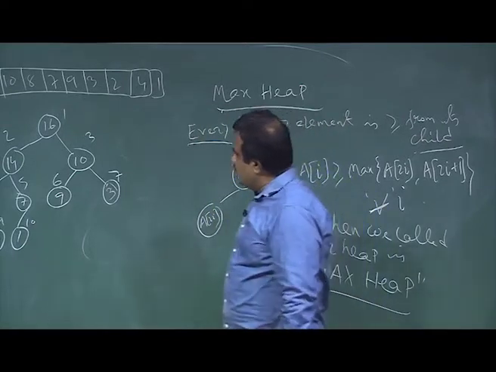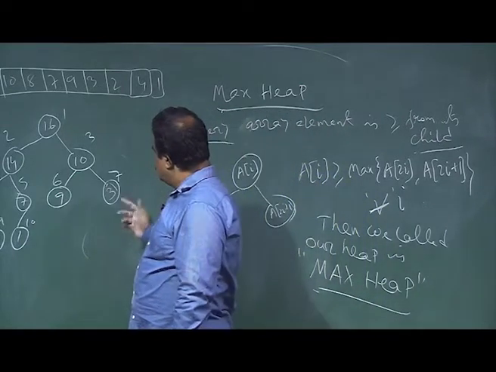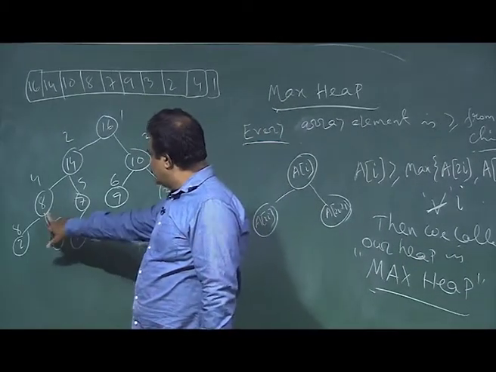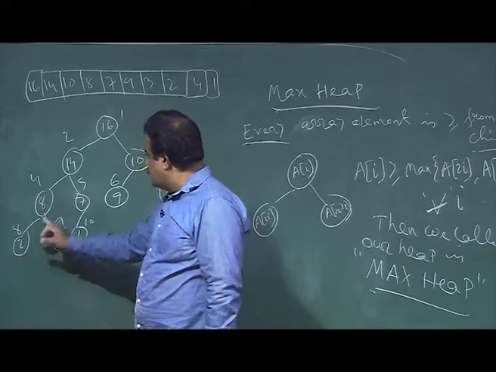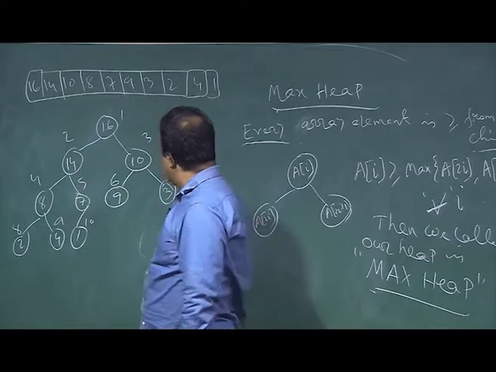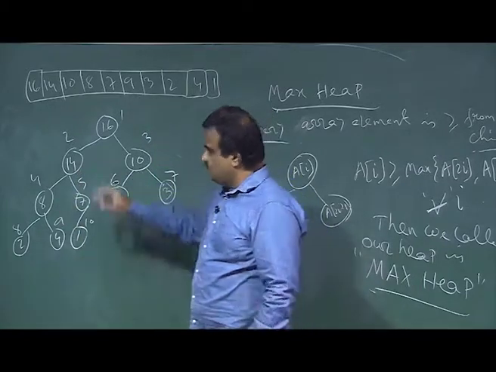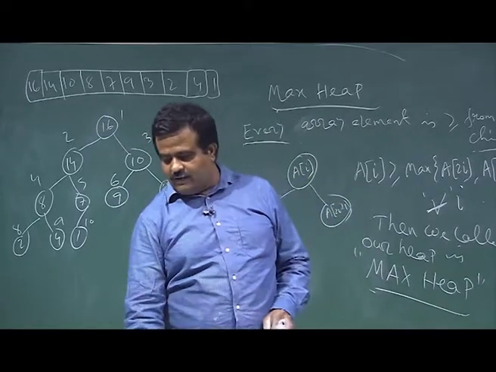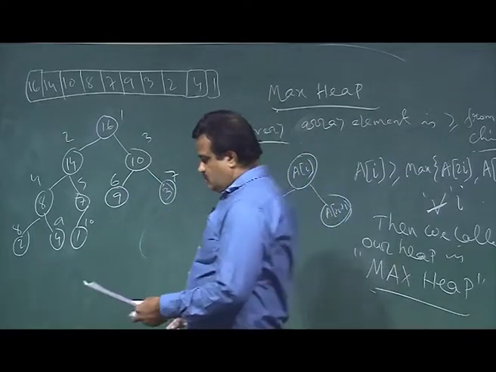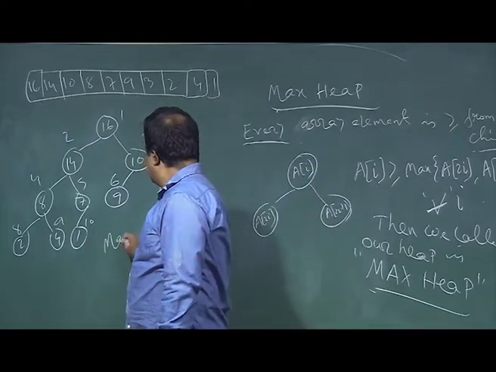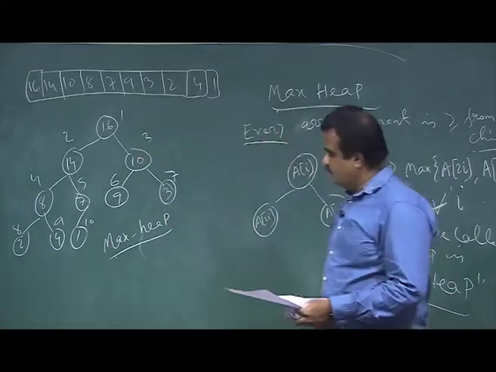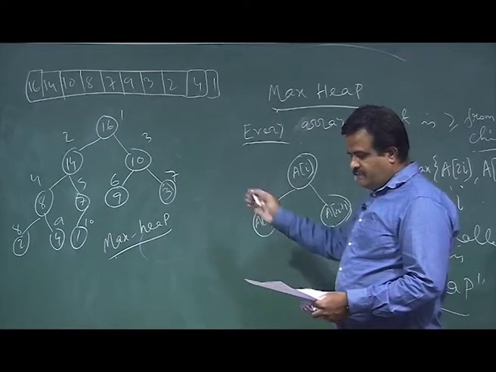We can verify that by checking every element against its child. This one has no child, and each of the others is greater than its child. So, this is a max heap array.